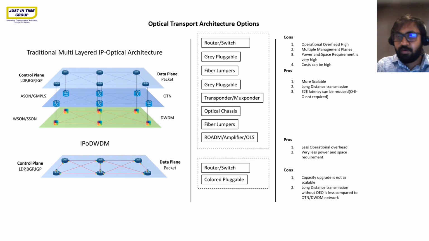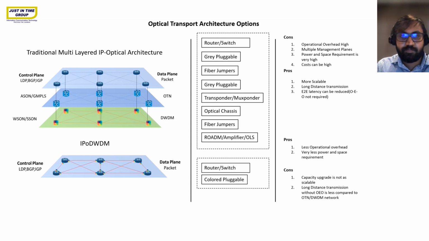So IP over DWDM is another option to overcome this, but there are pros and cons in both, and it doesn't necessarily mean having a multi-layered architecture is bad. But if you want to be more scalable, then this one would be the most efficient way of doing things.